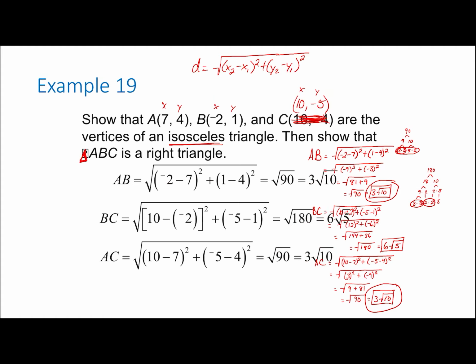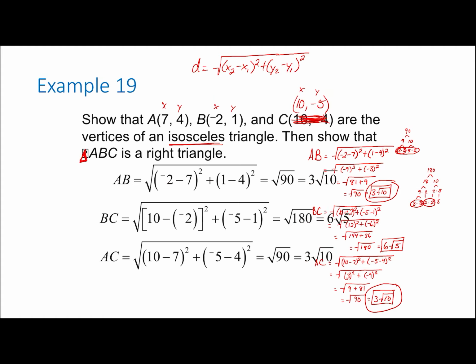But now we need to show that it is a right triangle. And so this is where the Pythagorean theorem comes in. So you could take the 3 square roots of 10 times 3 square roots of 10 and see if, when you square those, it gives you 6 square roots of 5 squared. It is easier, though, to use the square root of 90 and square root of 180.